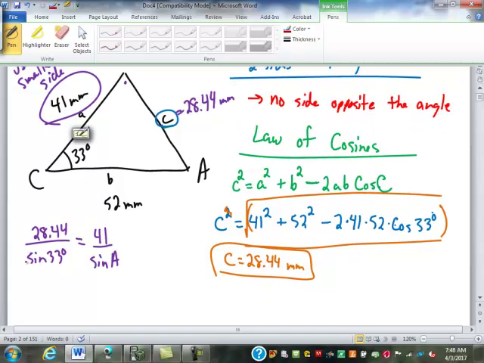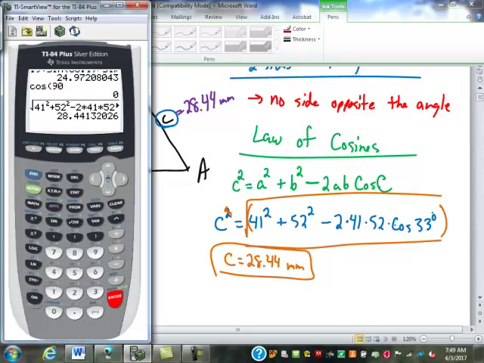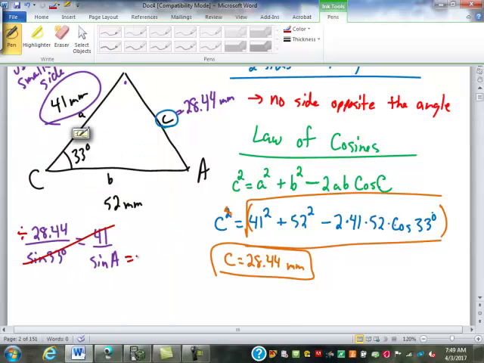So now I'm going to cross multiply and divide: sine of 33 times 41 divided by 28.44. Gives us 0.7852.